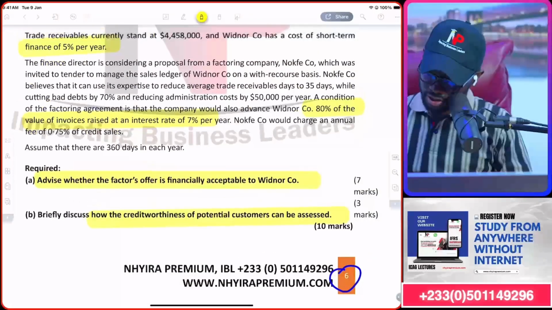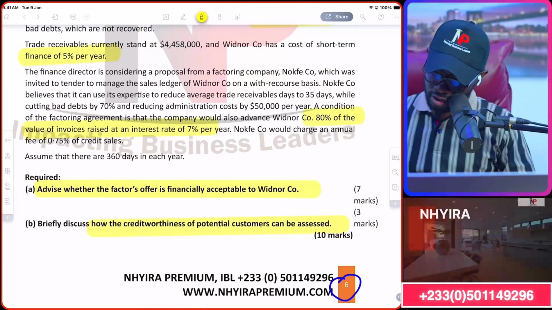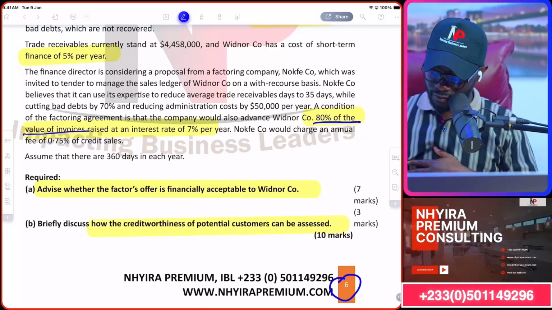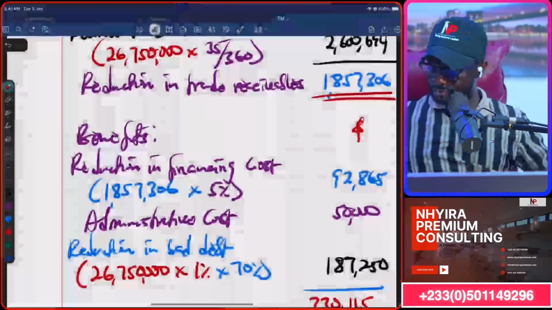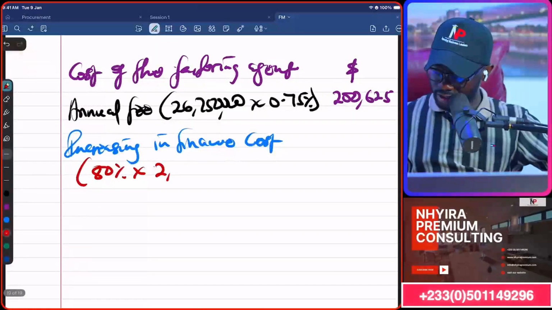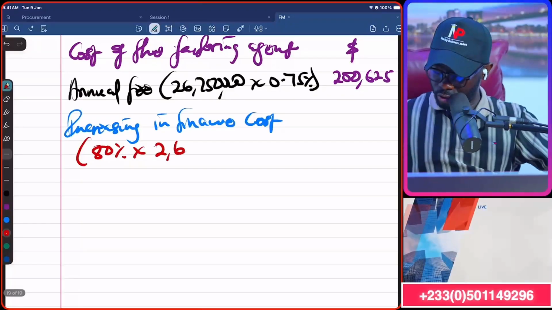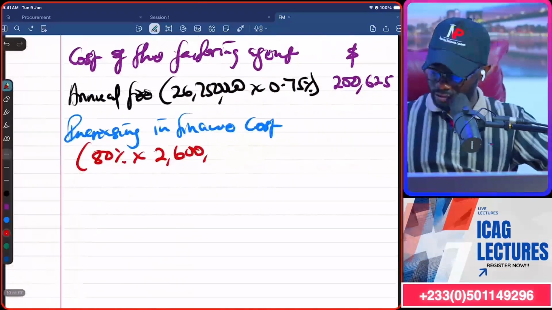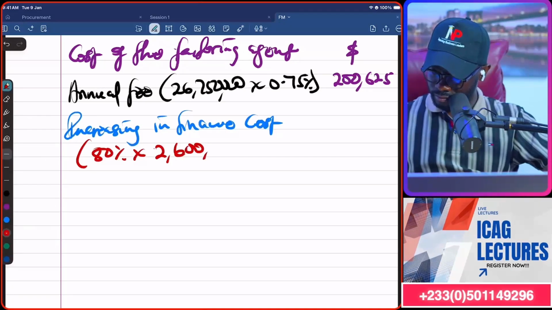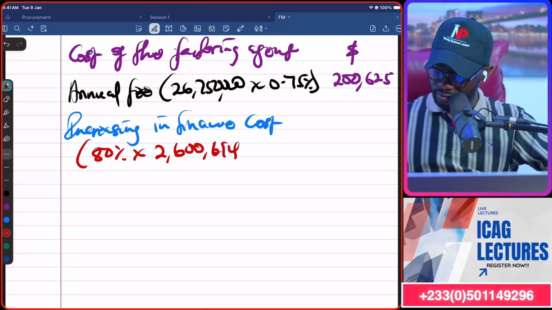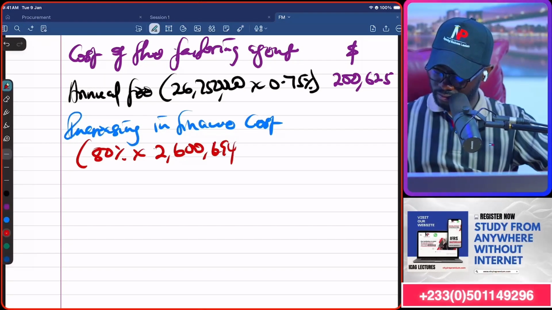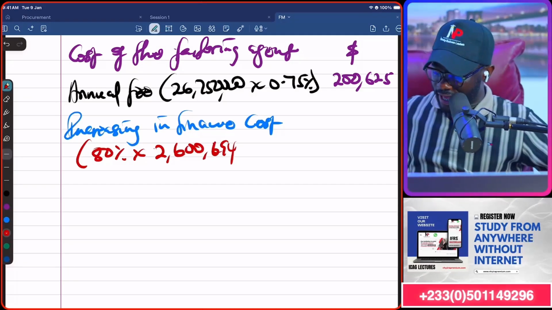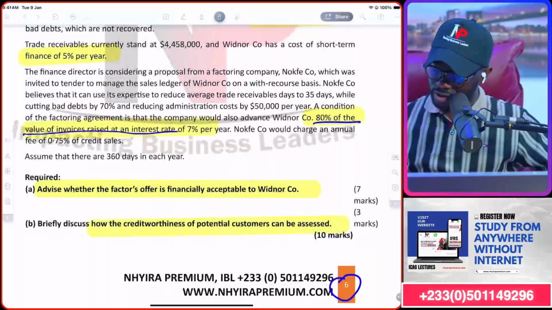Give me a sec, let me read this well. The factor will advance 80% of the value of invoices raised. Okay. Value of invoices raised. So 2,600,000, which is the trade receivables now, 694. But you've got to be careful. They are giving it to us at an interest rate of 7%.